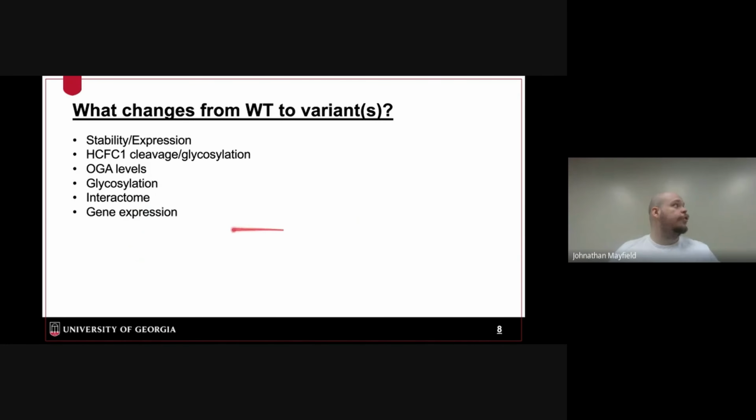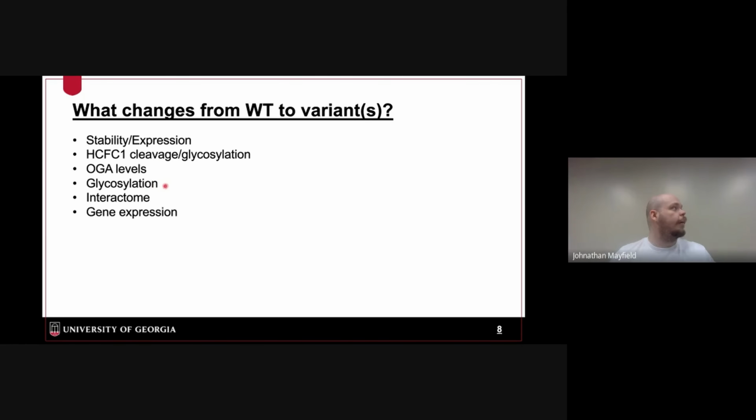Yeah, it's going to change depending on the variant, mutation to mutation, and also how you test it. For example, the OGA levels, when that was tested for the first variant that our lab characterized, they looked at patient lymphoblasts, so cells from the patient, and they found that OGA levels were down. But then we took that same mutation and put it into an embryonic stem cell so that we have one genetic background, without anything else that might be interfering. Compared to wild type, we saw no difference.